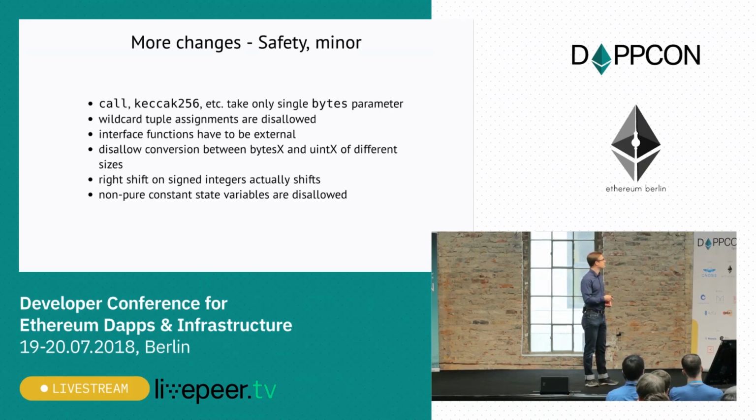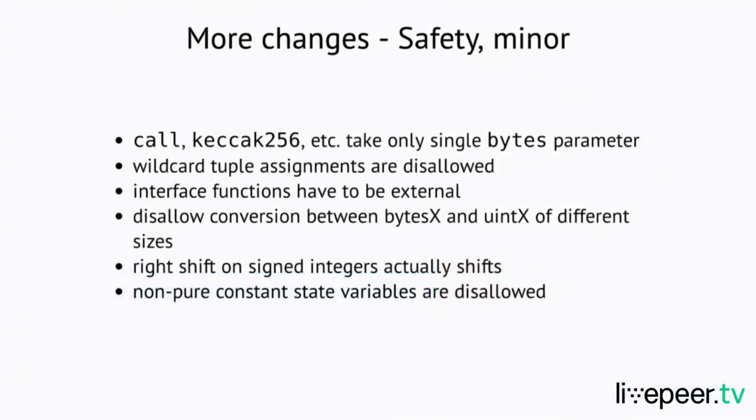And this conversion thing is also an interesting change. It was prompted by some competition somewhere that says, look at this Solidity code, guess what it does? And the problem here is that bytes1 is a kind of byte array of 8 bits, and uint8 is an integer of 8 bits.